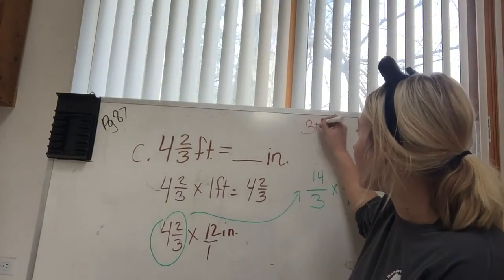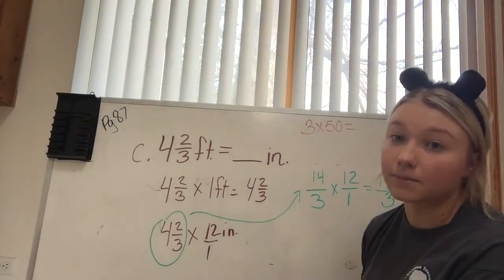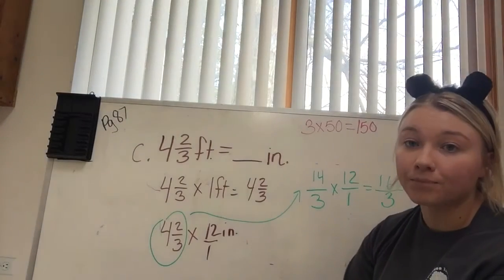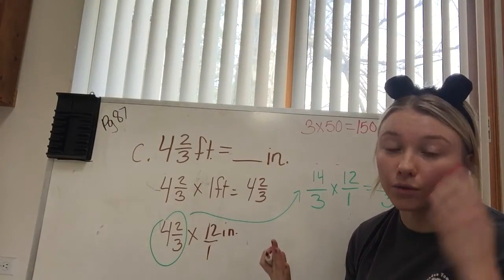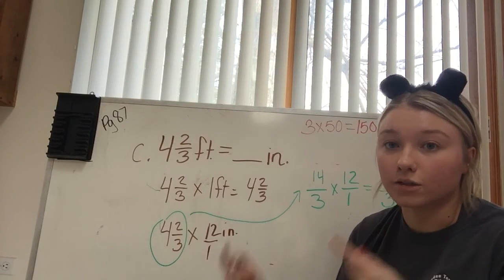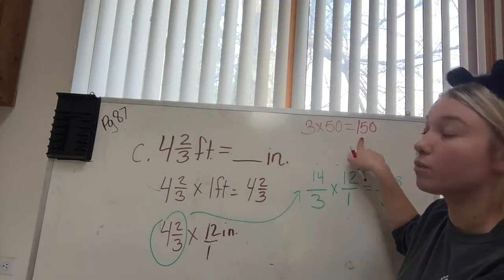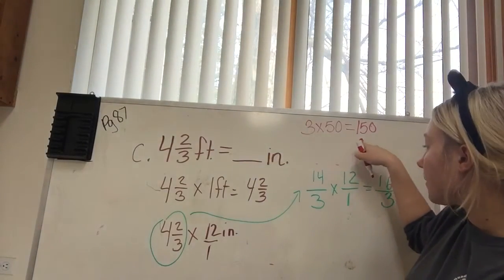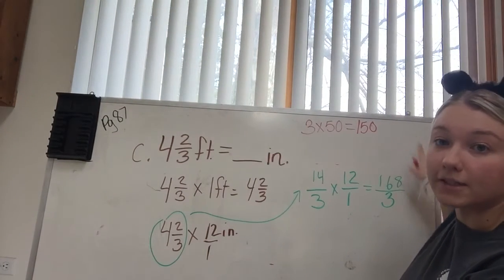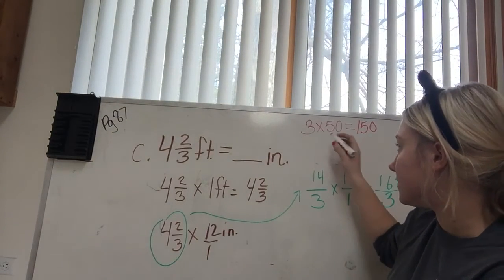I know that 3 times 50 is 150. You can divide however you think, but I'm going to do it the way that we've been doing in class, those guess and checks, remember? So 3 times 50 is 150. What am I missing? To get from 150 to 168, I'm still missing 18.